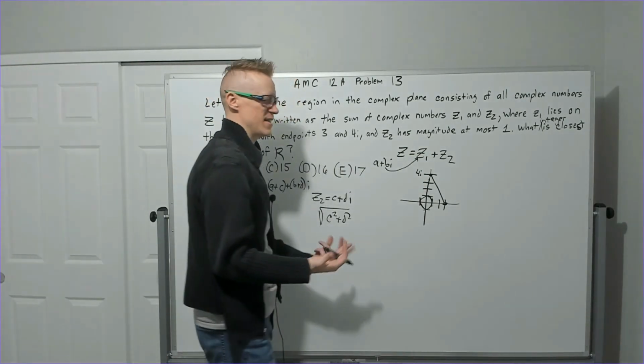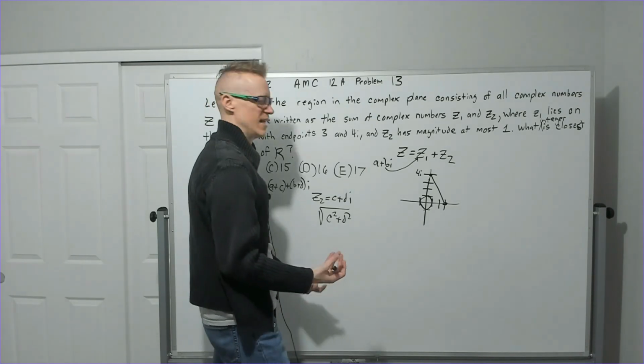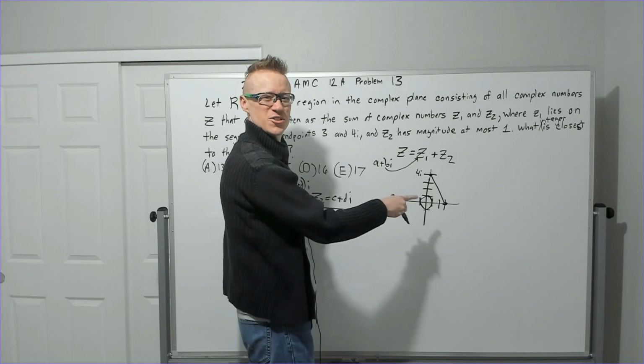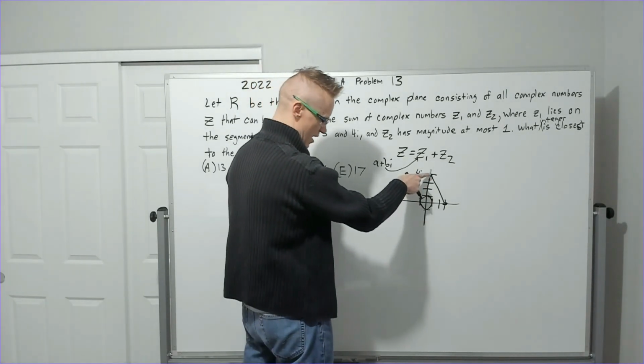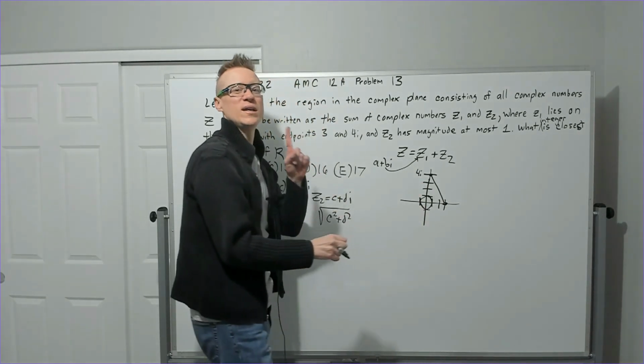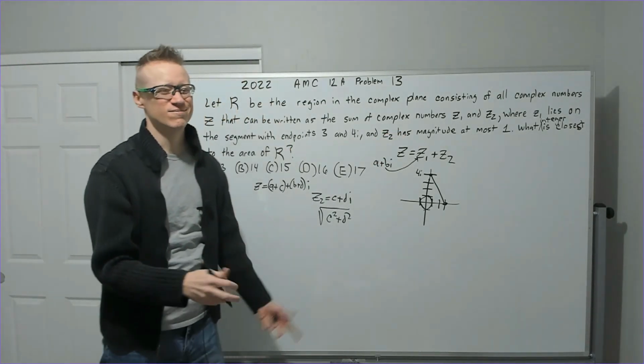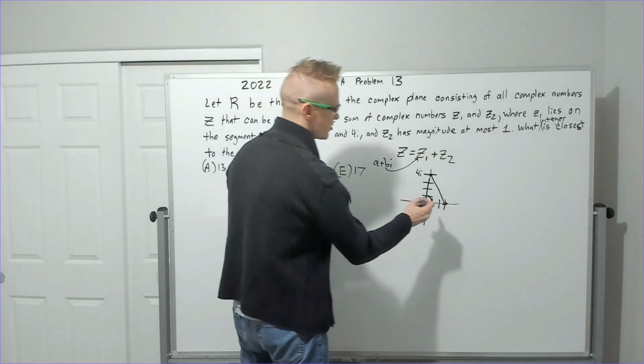Magnitude kind of makes you think of vector. And so if you think of it as a vector, Z2 is essentially a directional vector coming off of this segment going 1 unit in any direction from any point on there. And that basically breaks the problem once you realize that.